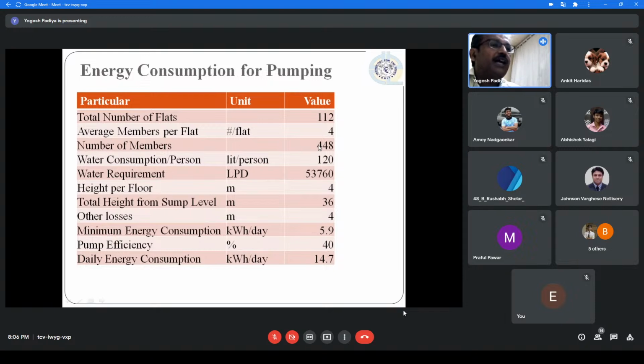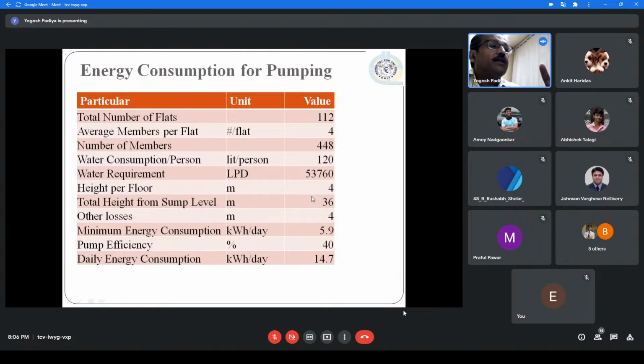Let us assume that one person requires 120 liters of water per day. Just a number. It means the society is consuming around 53,000 liters of water per day. Let us assume one floor height is 4 meter. It is not possible, but I am assuming 4 meter.